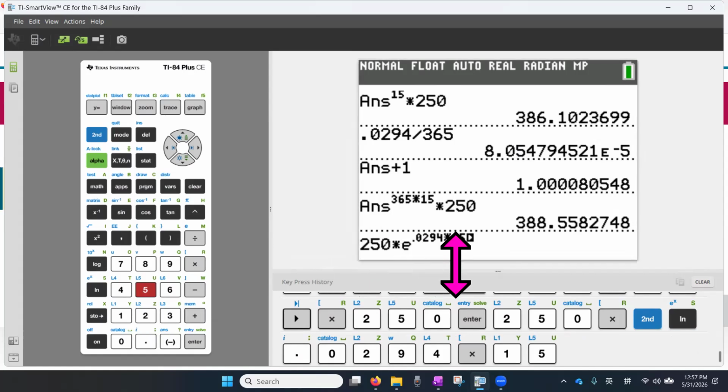So for interest compounded continuously, the formula is principal times e to the power of r times t, where r is the annual interest rate and t is the number of years.